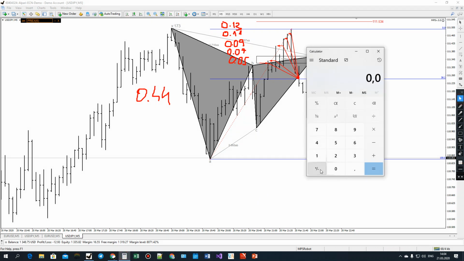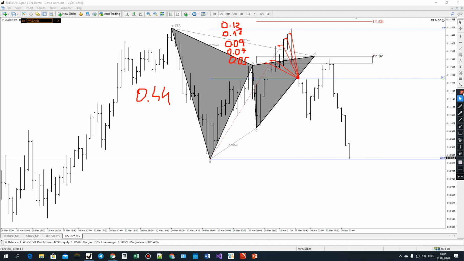Okay, 0.05 plus 0.07 plus 0.09 plus 0.11 plus 0.13. Okay, 0.45. So the total amount is 0.45 in this position.